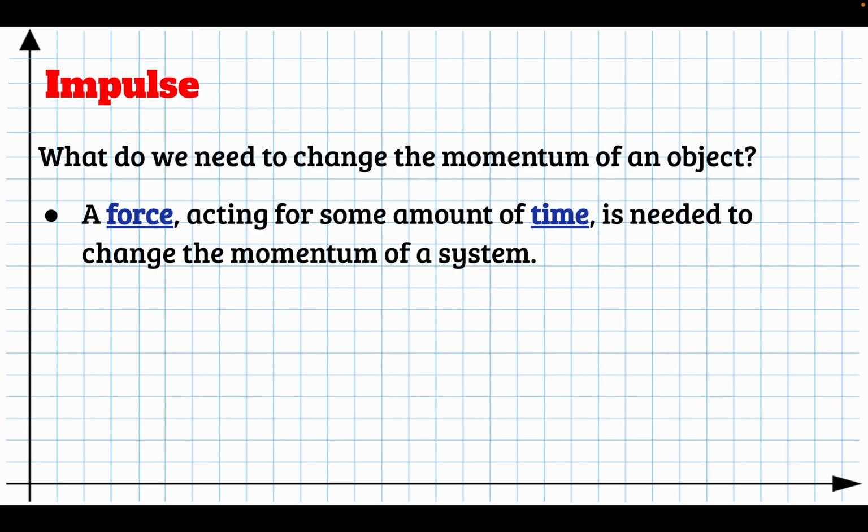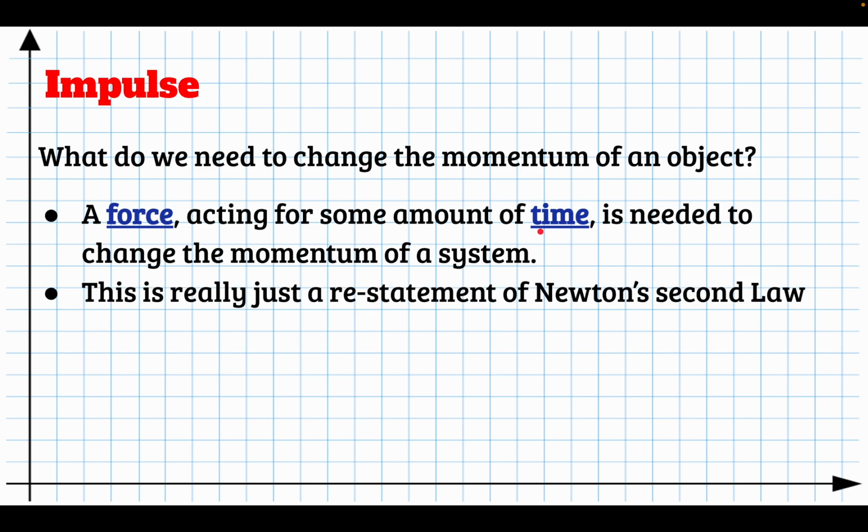If you push for longer, you'll change their momentum more than if you push for a short time. So this combination of force acting for time is what is needed to change the momentum of a system. And the force that acts for a certain amount of time, we call an impulse.